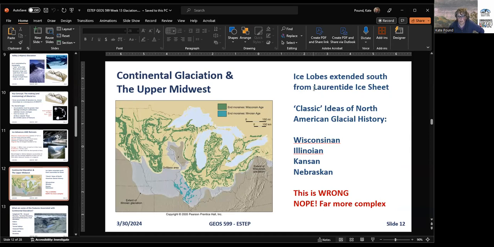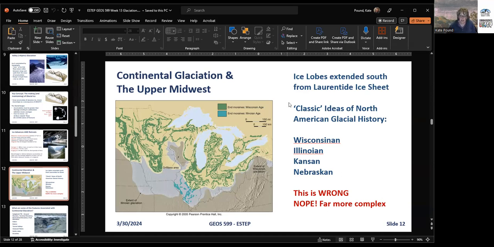And that ice sheet is called the Laurentide ice sheet. It existed throughout much of the Pleistocene. And from the Laurentide ice sheet, a whole bunch of different ice lobes extended to the south. They advanced and they retreated.